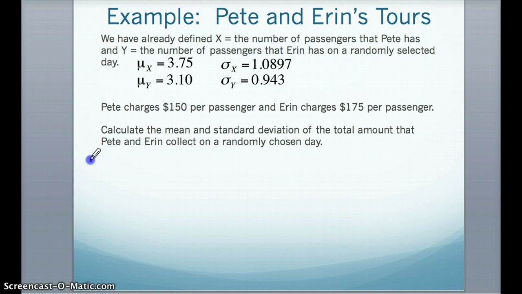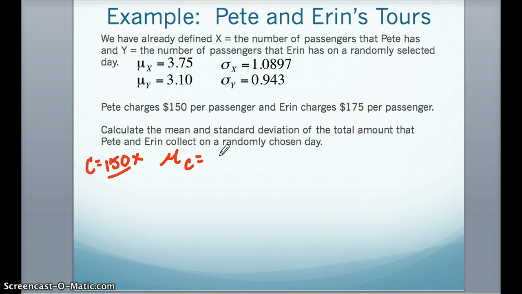So the first thing that we want to talk about is, let's use C to represent how much Pete's going to collect. So that's going to be 150 times X. We actually already did this in the first video.